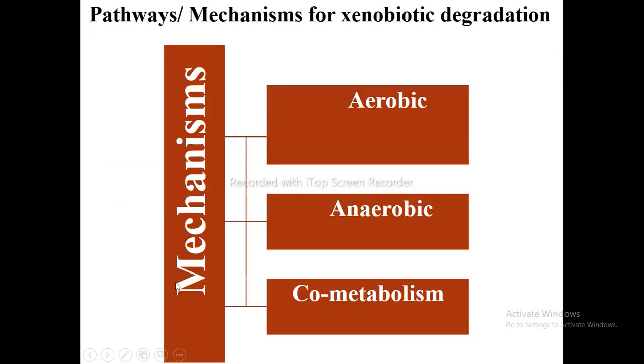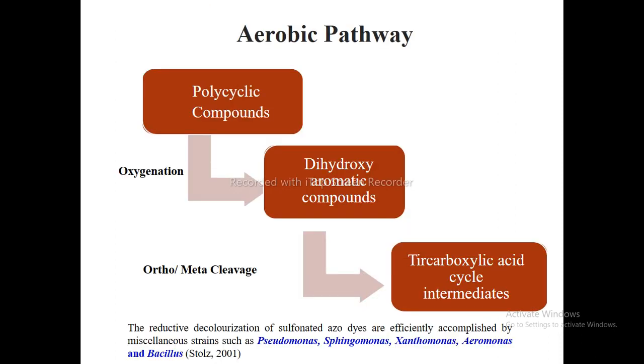Right, and there are different pathways operating for degradation of these compounds. Like there are aerobic mechanisms, anaerobic mechanisms, or even co-metabolism, which are used by microorganisms for degrading xenobiotic compounds.